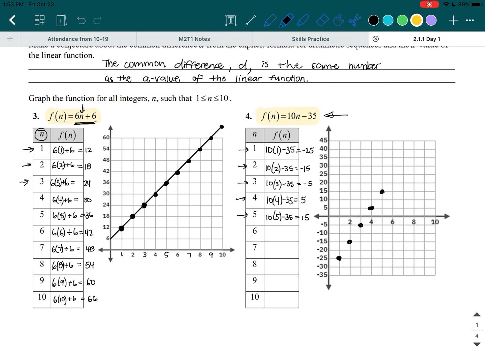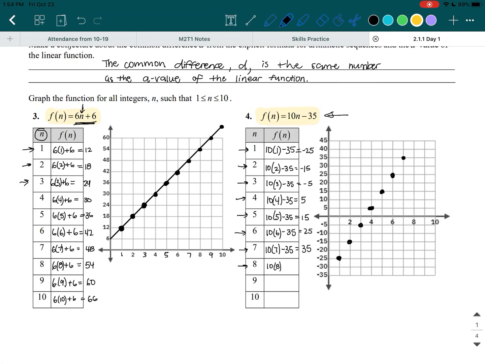So the next point is 5 comma 15. Plug in the next point. And you get 25. Plug in the next point. You get 35. So that's 7 comma 35 over here.